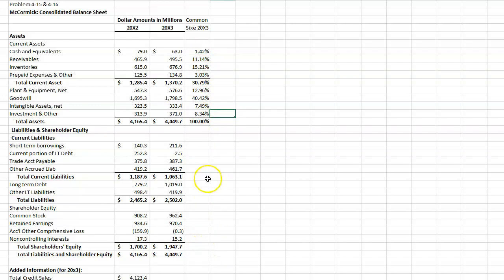Then you're going to do the same thing for the liabilities. So equals short-term borrowings divided by total liabilities and equity. Then equals current portion of long-term debt divided by total liabilities and equity. And once again, if I want to be able to copy it, total liabilities and equities is on row 33, so I need it to always go to row 33.